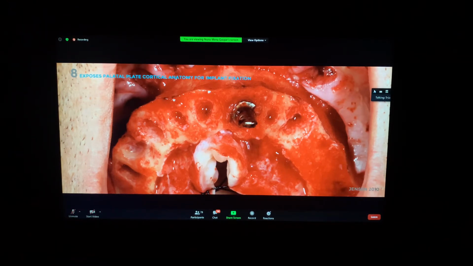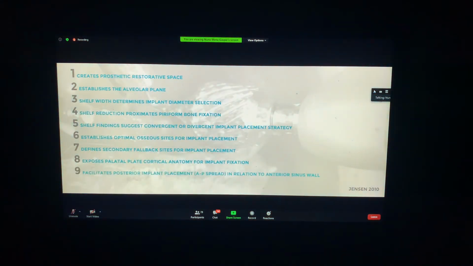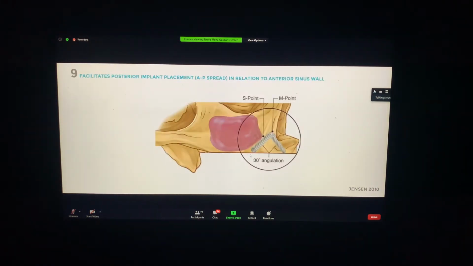Và mình sẽ thấy rõ được xương vỏ và khẩu cái. And if you can see the sinus after the bone reduction, we can also place our tilted implants much easier, and with it reduce our anterior-posterior spread.